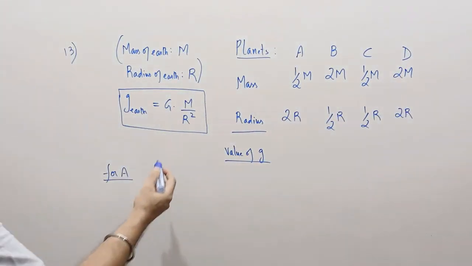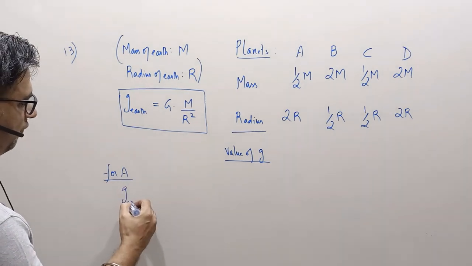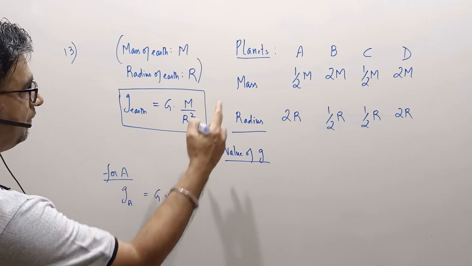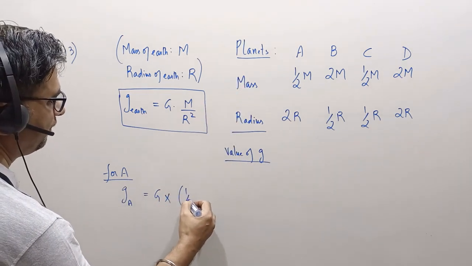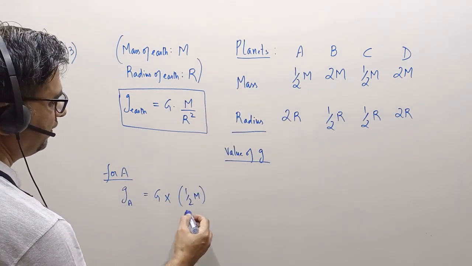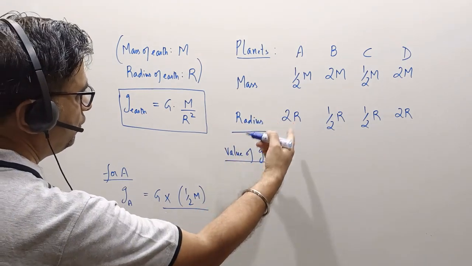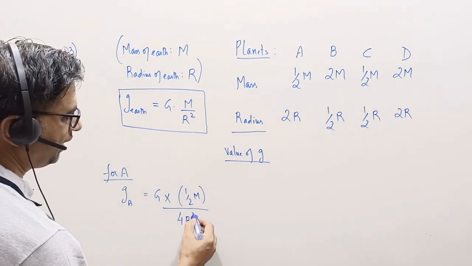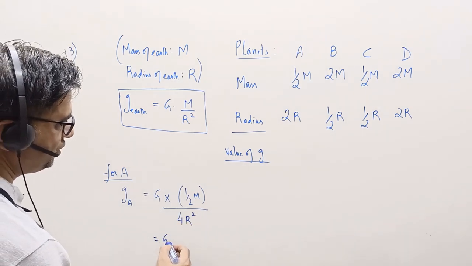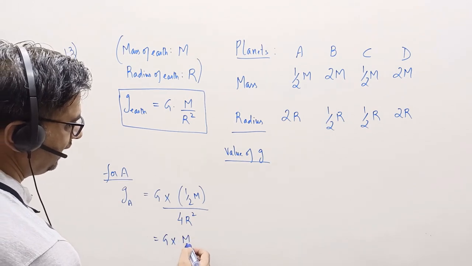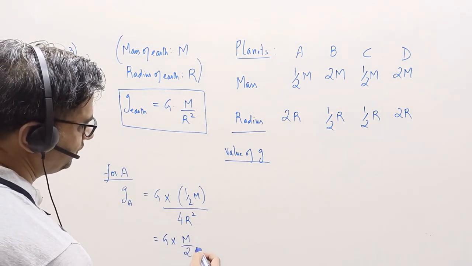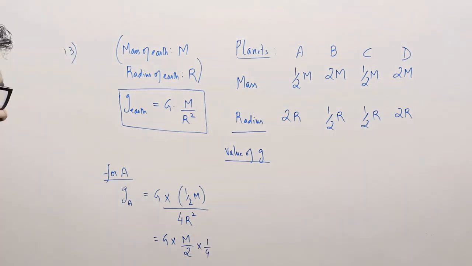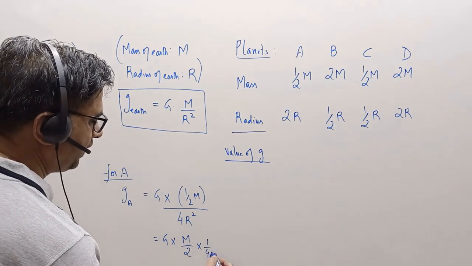For A, this value will be g of A, and that will come to g into m, which is half of m, and the radius will come to the square of 2r, so it will be 4r square. So this comes to g into m by 2 into 1 by 4 r square.